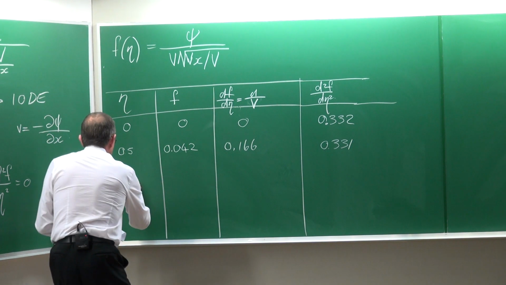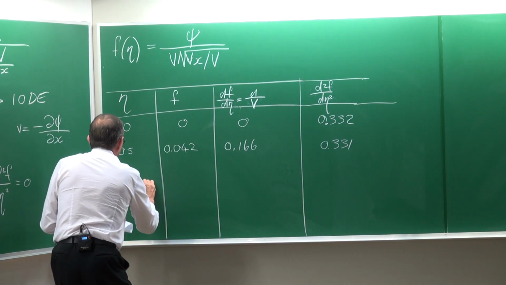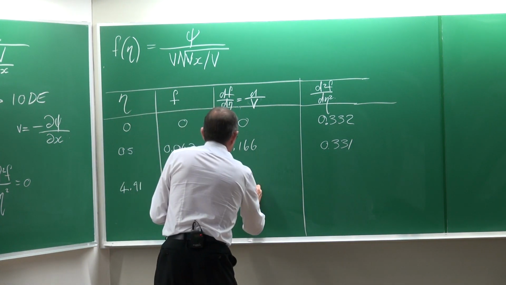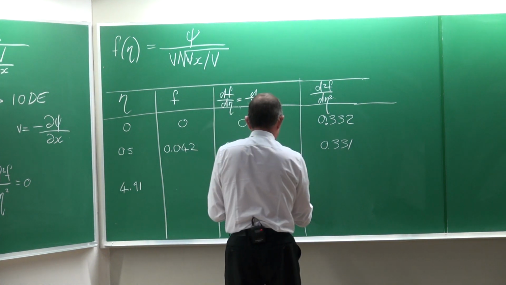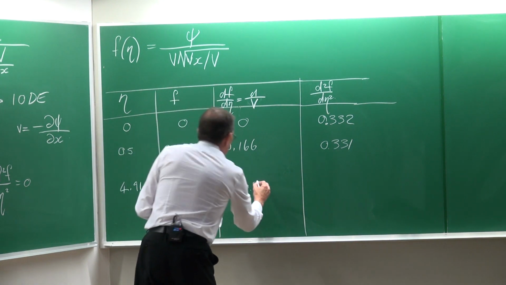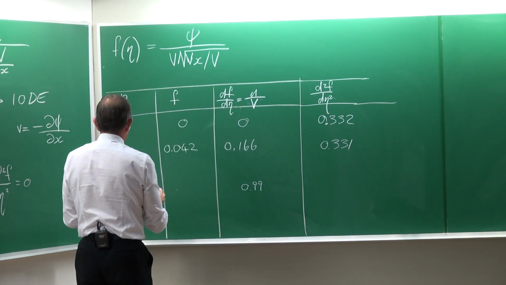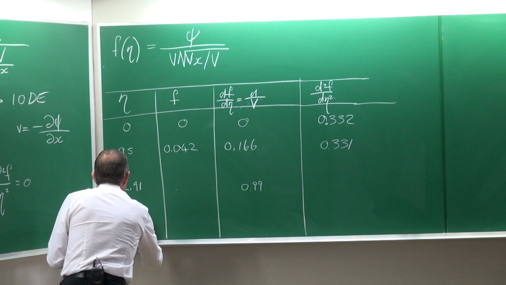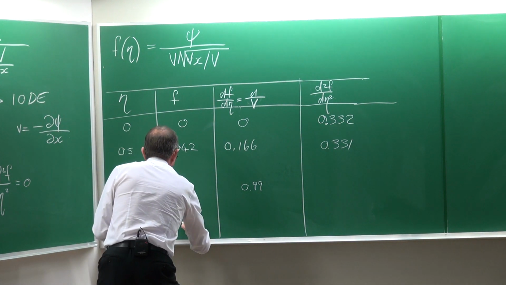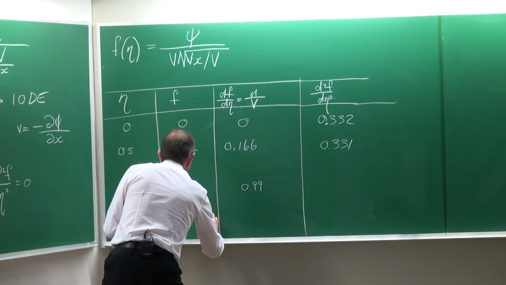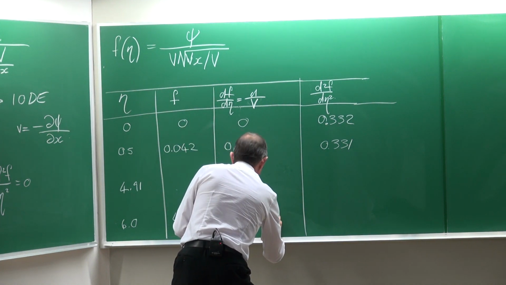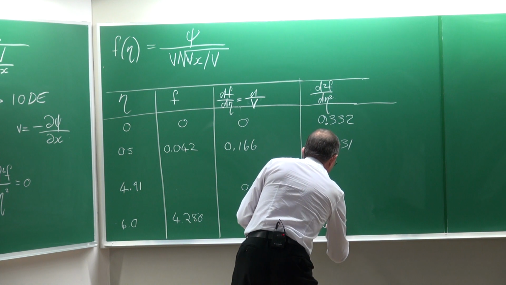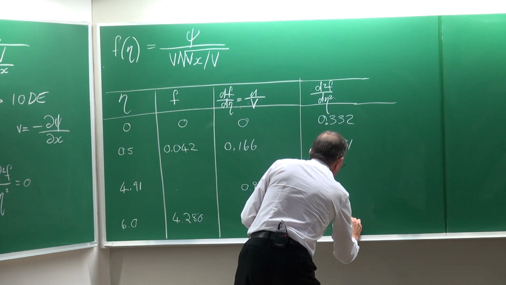And then somewhere here, there's a value of 4.91. And then this value is equal to 0.99. And then for a value of 6, it's 4.280 and 0.999 and 0.002.